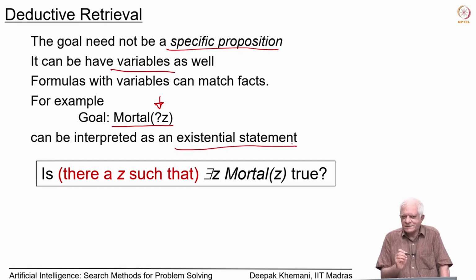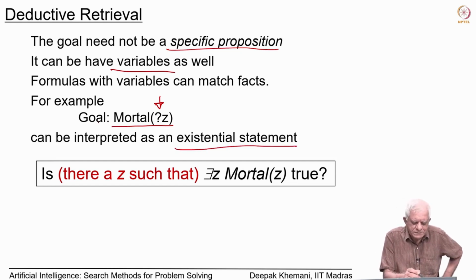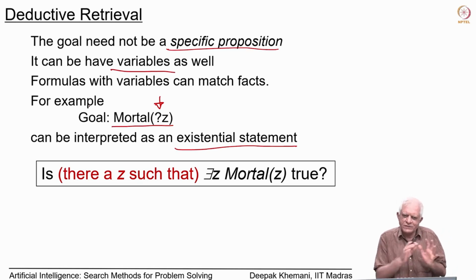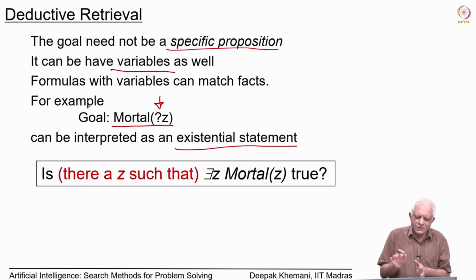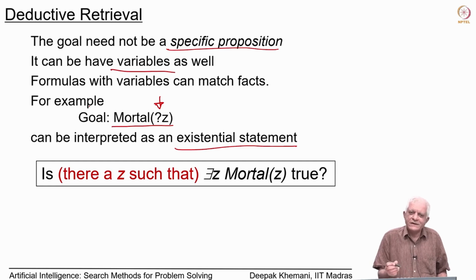This is something which again you should be aware of: when you are talking about goals, remember that we had partitioned the formulas into facts and goals. In facts, if you use a variable, we have a universally quantified variable, which is a universally true statement. In goals, this process is reversed. If you have a variable, then you should treat it as an existential variable.